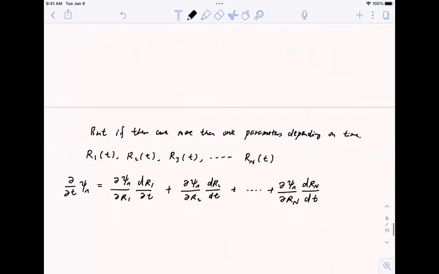We know that this is just the gradient. You take the gradient with respect to R, and then this R will be a vector. Then you have a dot product with dR vector.